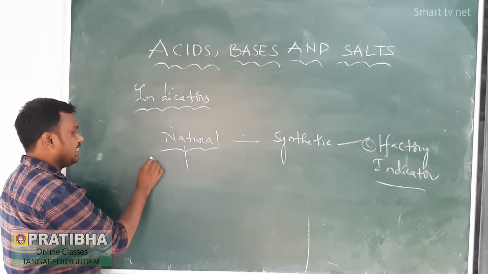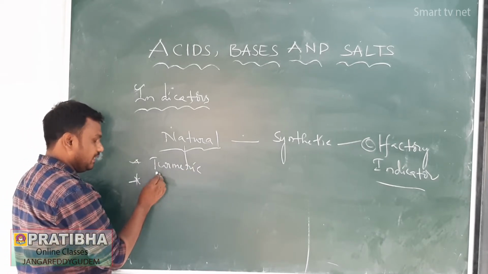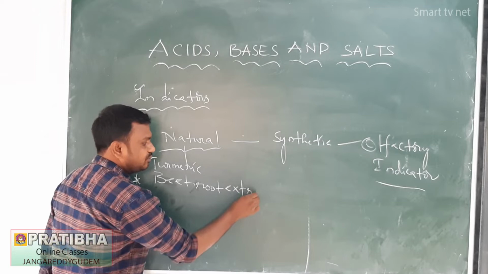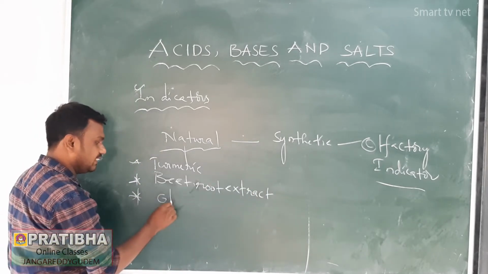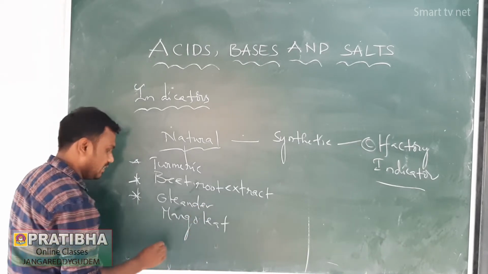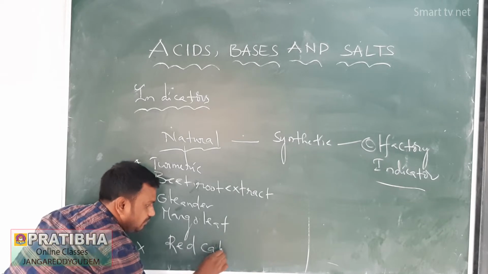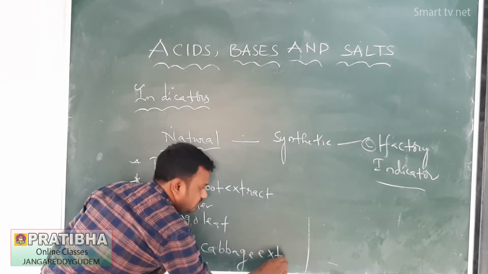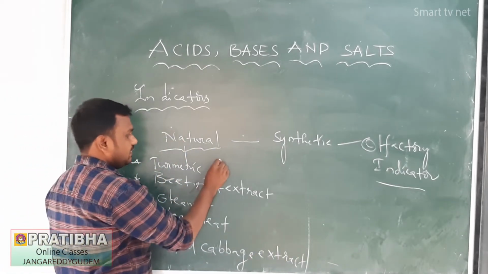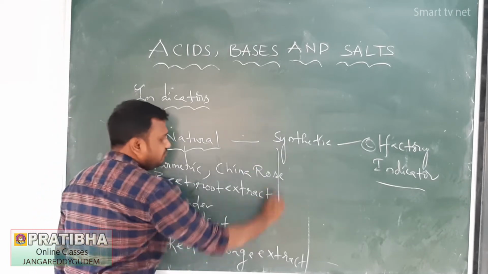Examples are turmeric, beetroot extract, oleander, mango leaf, red cabbage extract, and also hydrangea flowers and China rose petals. These are the examples of natural indicators.